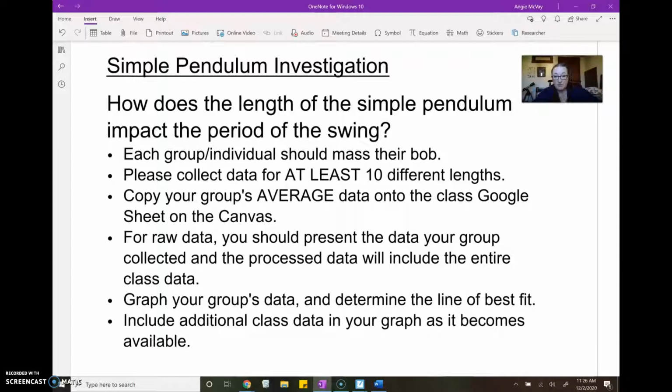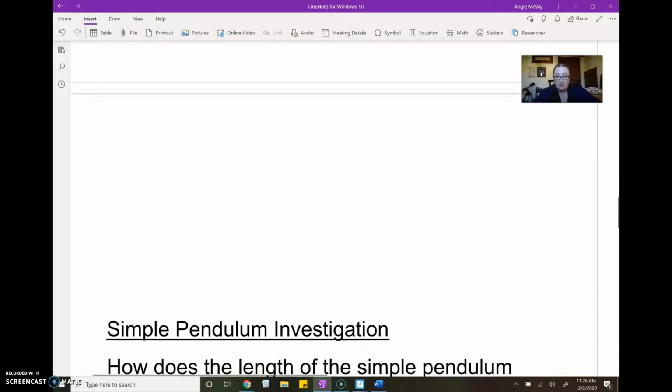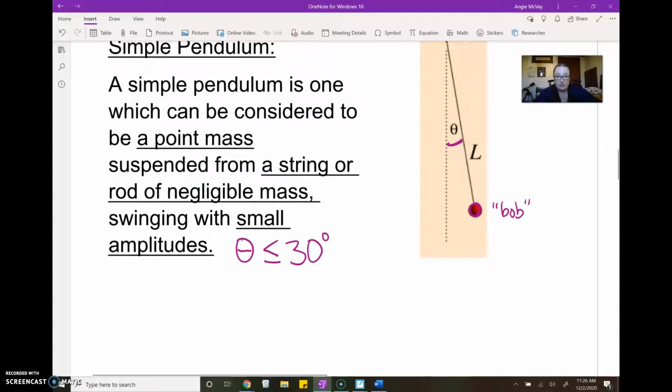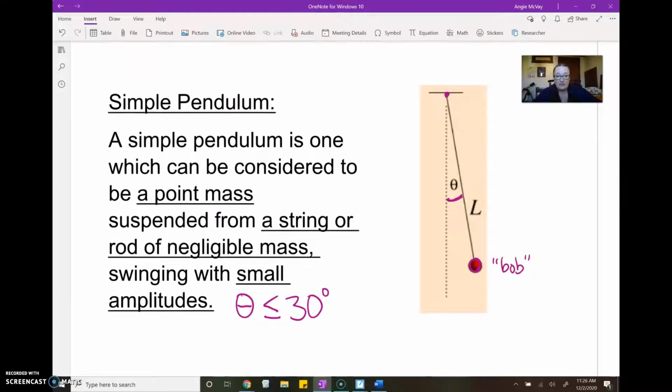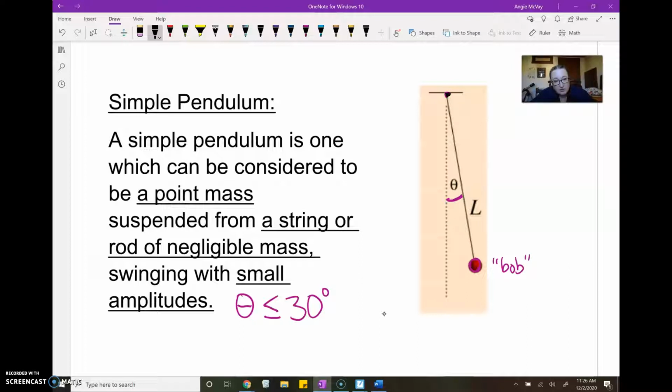One last thing I'm realizing as I'm giving you these instructions: the length of the pendulum is from the center of the axis of rotation, not to the bob itself, but to the center of the bob.